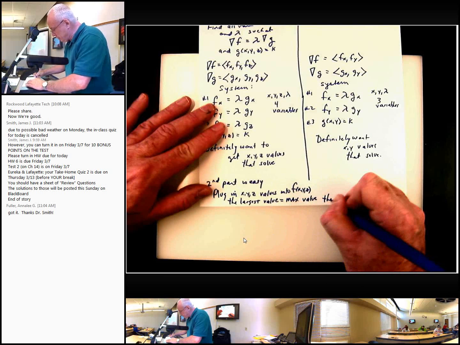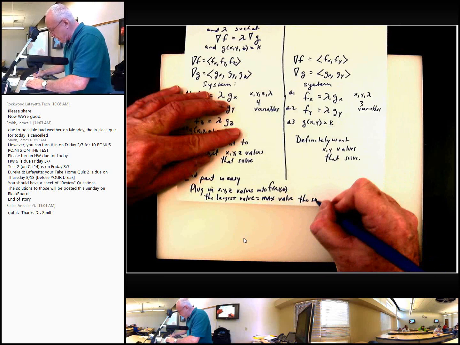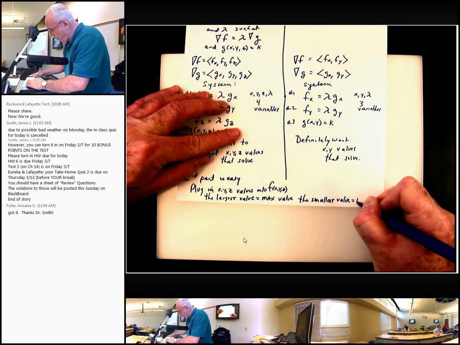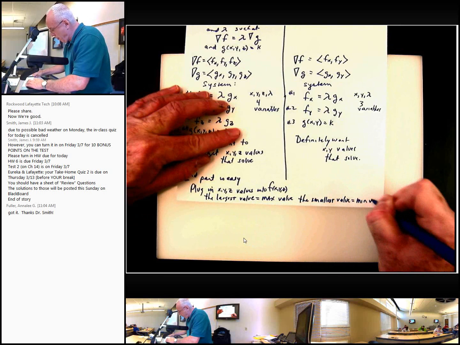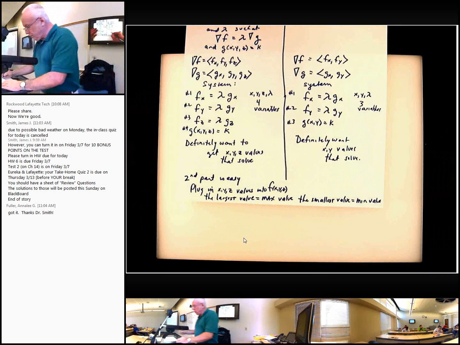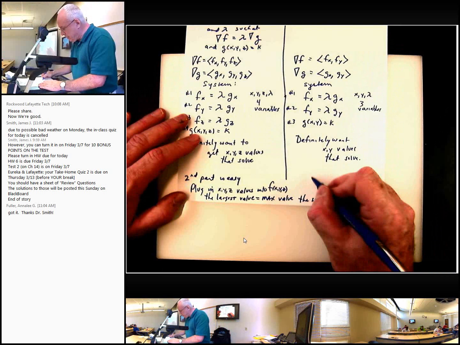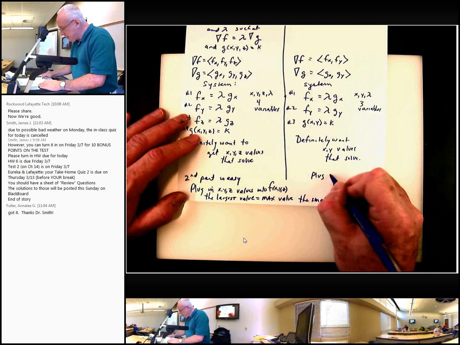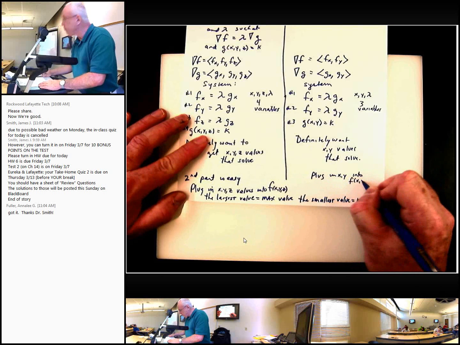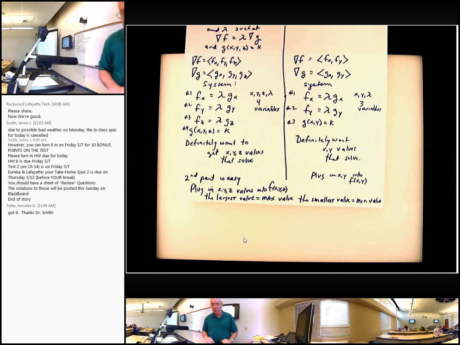And the smallest value equals the minimum value. And we do the same thing for 2 variables, except we just plug in x and y into f of x, y, for 2 variables.